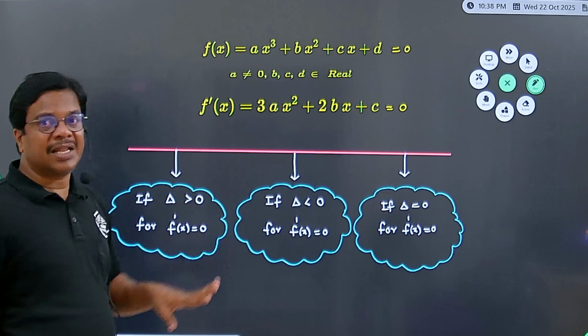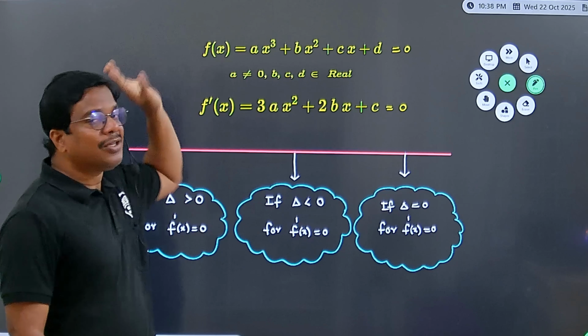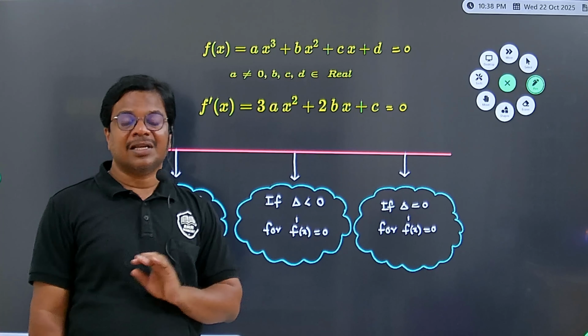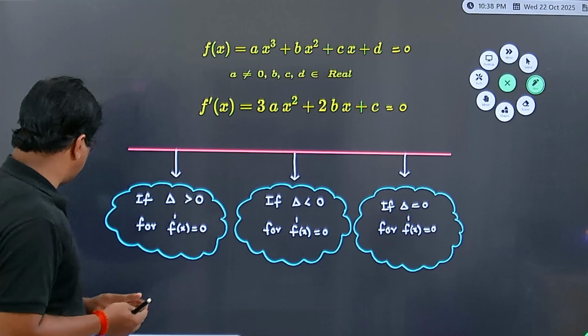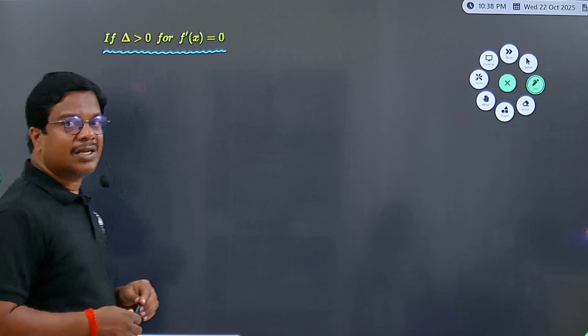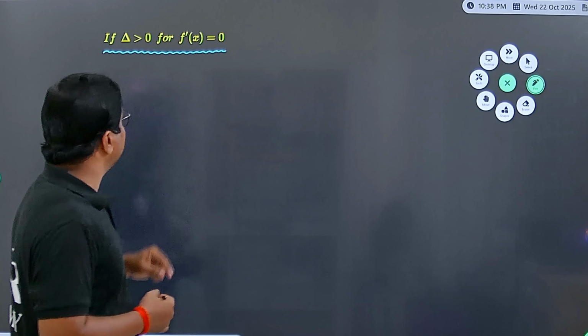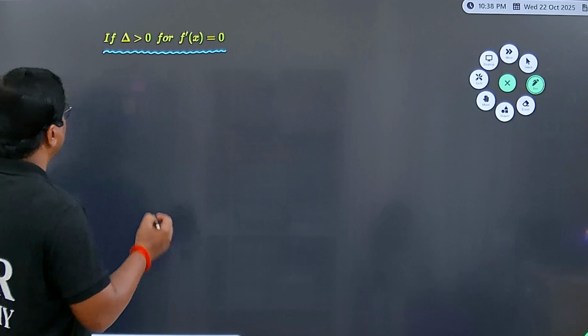Depending upon these 3 cases, we can decide the nature of the cubic equation. Let us discuss different cases. First, case 1. Here you have delta more than 0 for f dash of x equal 0.